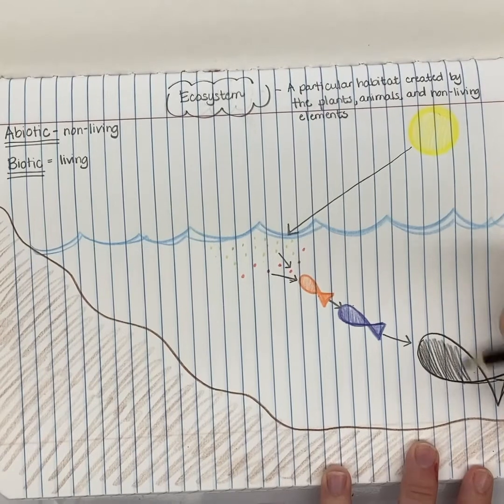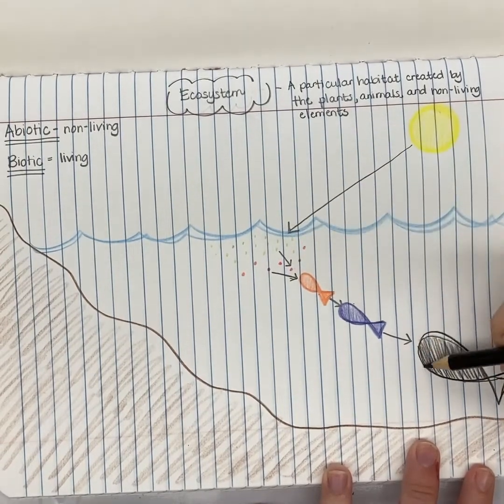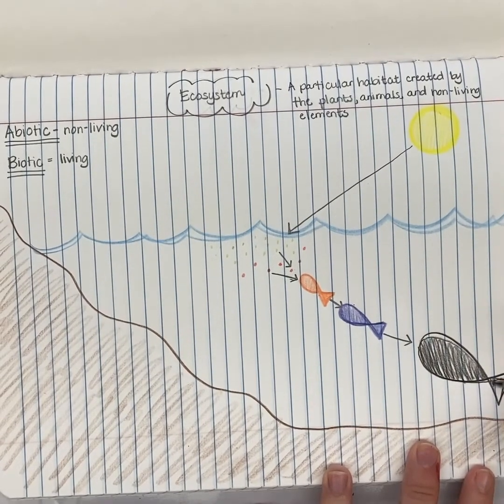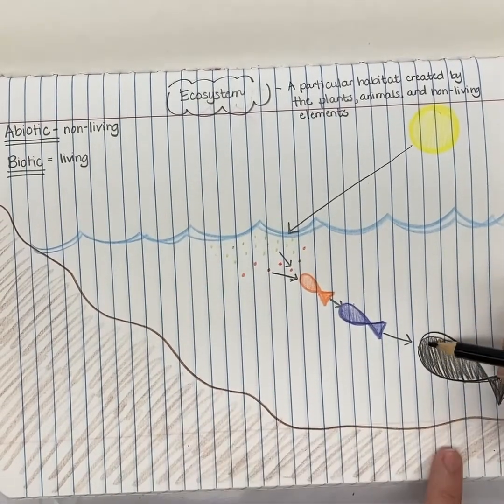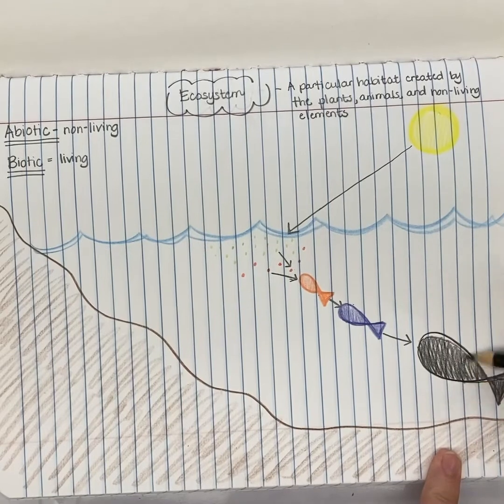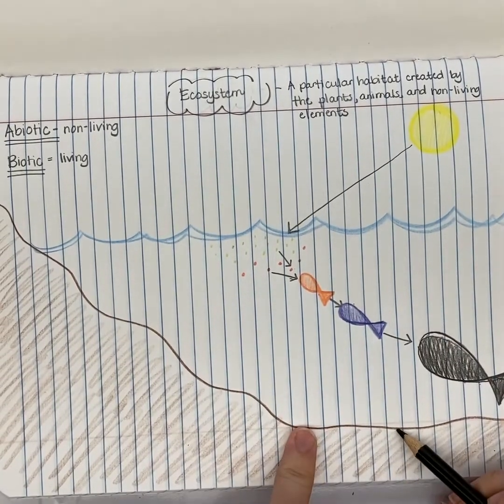But again, in a way, they're kind of consuming the smaller fish and the zooplankton and phytoplankton because of the chain that is happening. Now, at some point, this large fish is going to die, right? All of these are, but I'm just gonna say that this large fish is going to die. And when it does, it will, of course, sink to the bottom.